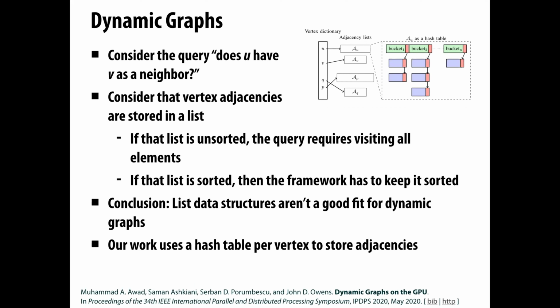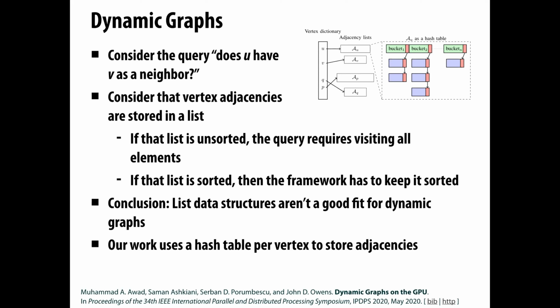Okay. And so when you do this, you have a couple of design choices to make. One of these design choices is I would like to store that list unsorted. And so then it means when you query into the list to say, does this vertex have this other vertex as a neighbor, you have to search the entire list, and that's very expensive. Now, the other choice you have is you say, hey, I want faster queries.